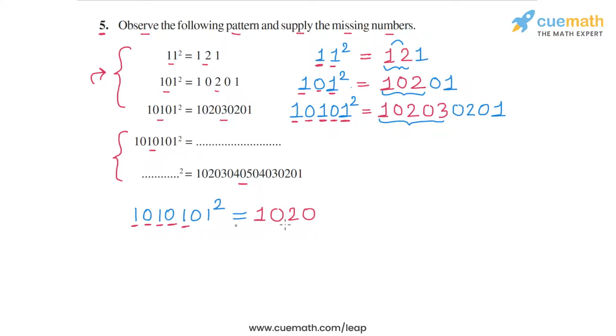And then we have the third one, for which we write 3, and then 0. And then we have the fourth one, for which we write 4. And now we have no more digits, so we complete this string in a symmetric manner. So we take 0, 3, 0, 2, 0, 1. So this is the square of 1010101.